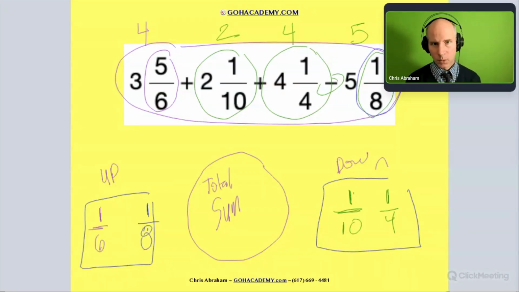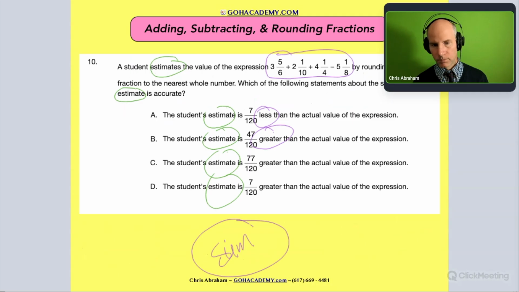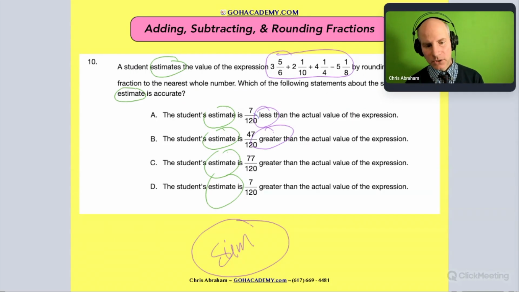There's a lot of guesswork that can go into this. Like you might be saying to yourself, well, can I do 12 or 40? Or you might go through a lot of guesswork. So here's a shortcut. If we go back to the original problem, and you look at it, you're going to see that all the answer choices have 120 in the denominator.